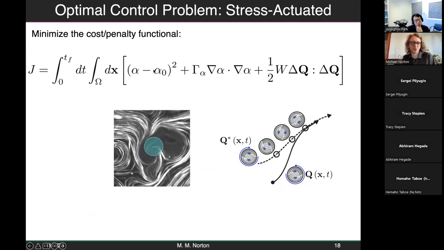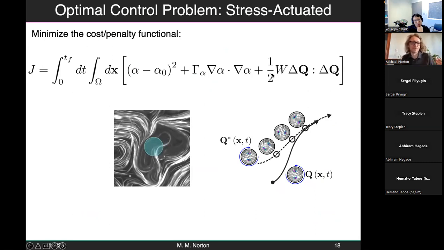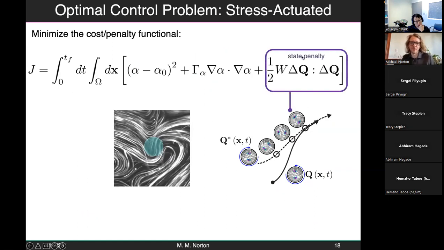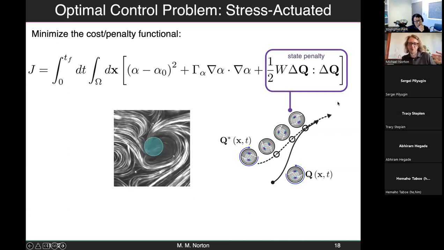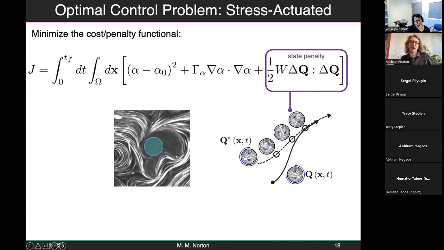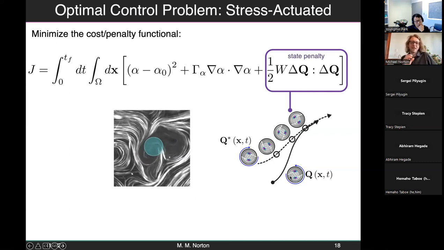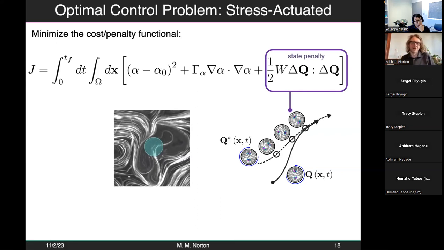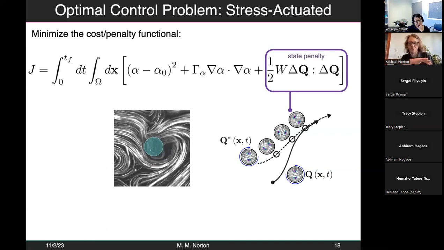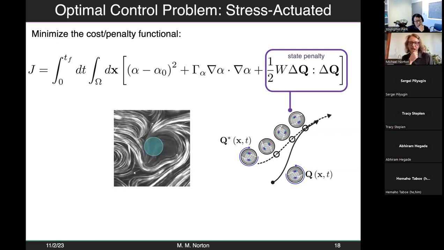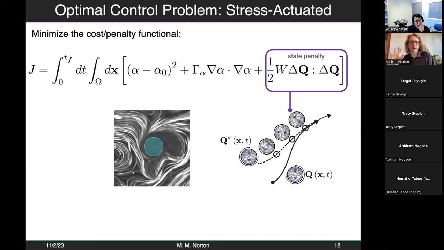And so there are three main pieces to this penalty function. The first, of course, is that I want my system to do what I want it to do, right? So I'm going to penalize the system for not being in the clockwise state for all time. There are probably different ways you could go about this.